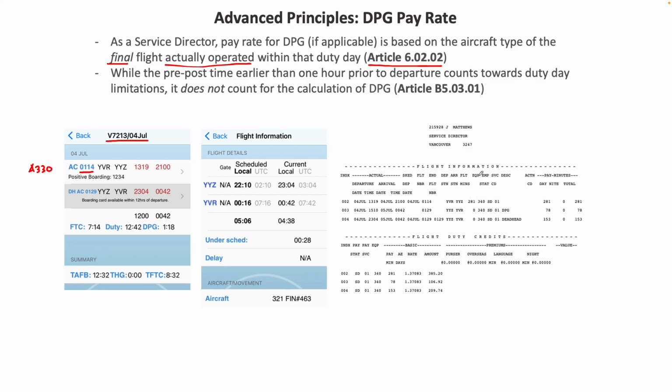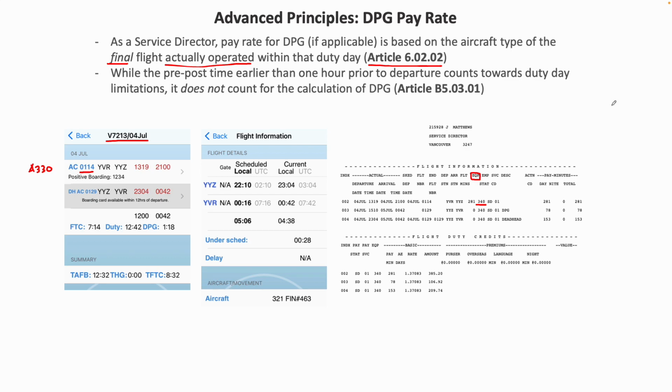And you can see that under the equipment code, when we look in our flight summary, it shows 340. That's because we used to have a 340 in our fleet. We no longer do, but 340 and 330, they have the same pay rate, and it just happens to show the same thing there. But you can see that the aircraft type is encoded as that Airbus 330 rate.